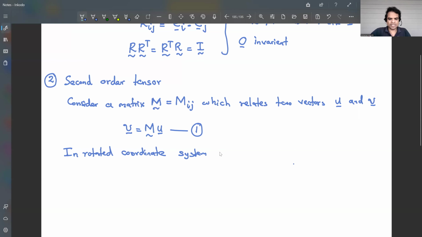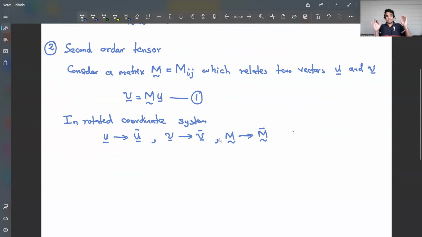In the rotated coordinate system, my vector u now becomes u bar, similarly my vector v now becomes v bar. So then my matrix M in the rotated coordinate system will be M bar.